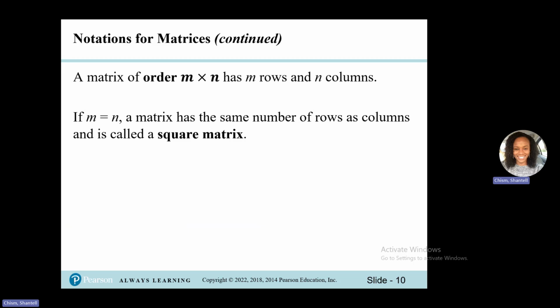So a matrix of order m by n has m rows and n columns. Again, you always name it by the rows first. If a matrix has the same number of rows and columns, it is said to be a square matrix.